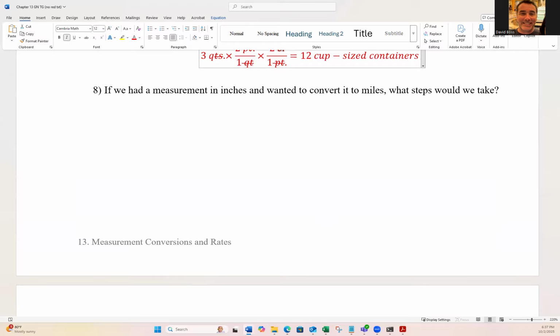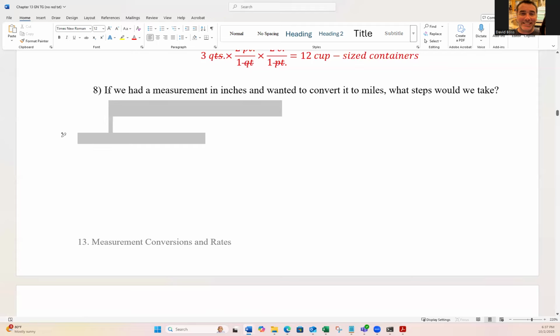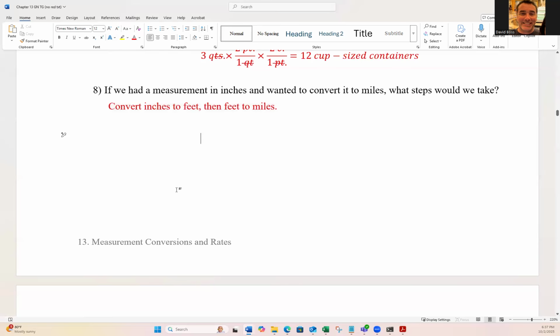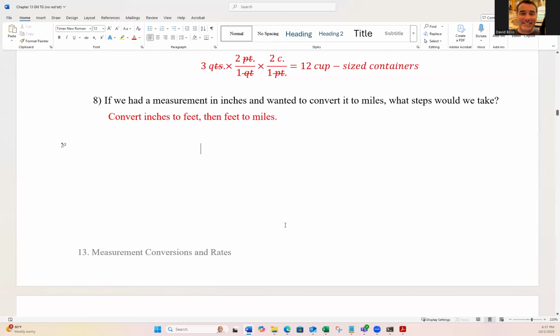If we had a measurement in inches and wanted to convert it to miles, what steps would we take? Well, you're going to want to convert inches to feet and then feet to miles. So 12 inches in a foot, 5,280 feet in a mile. Is that on this list?